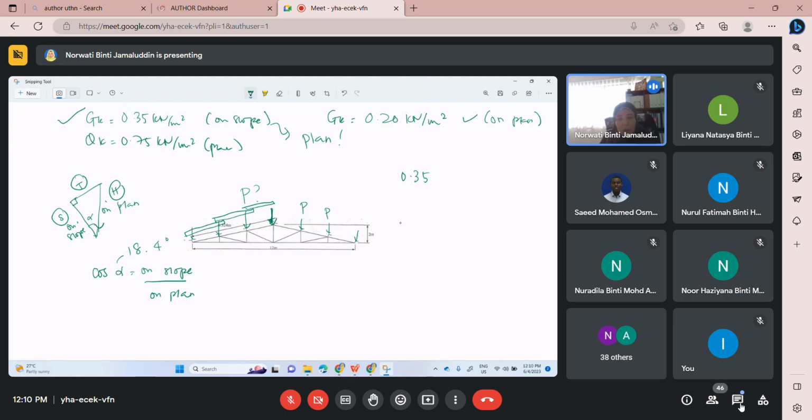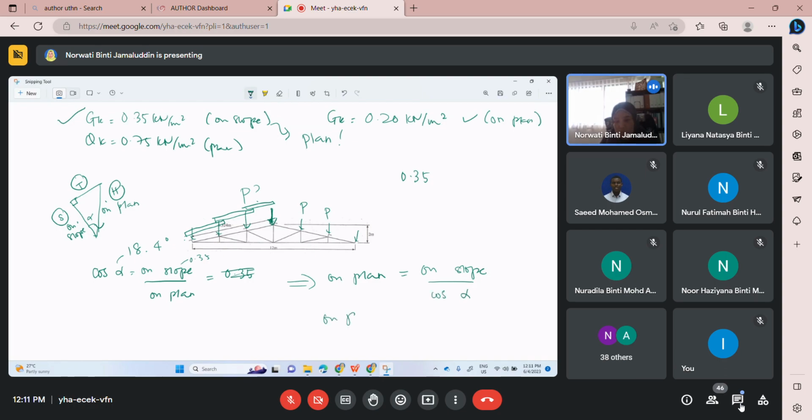So on plan is equal to on slope divided by cos alpha.